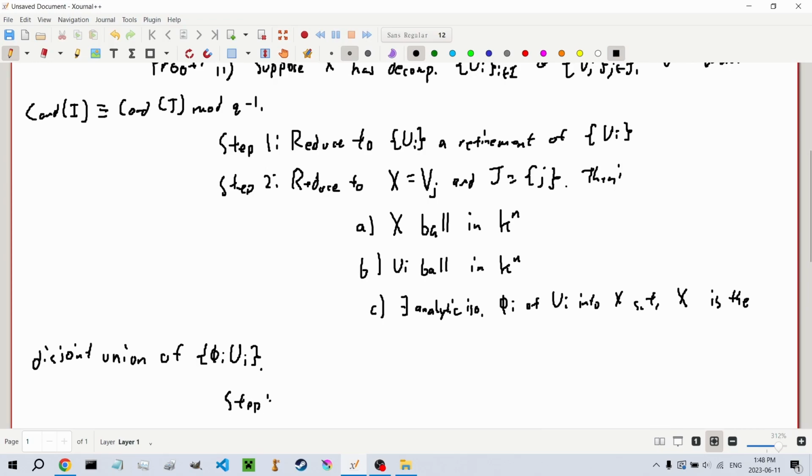Next, you're going to want to reduce to each V_i being a convergent power series.